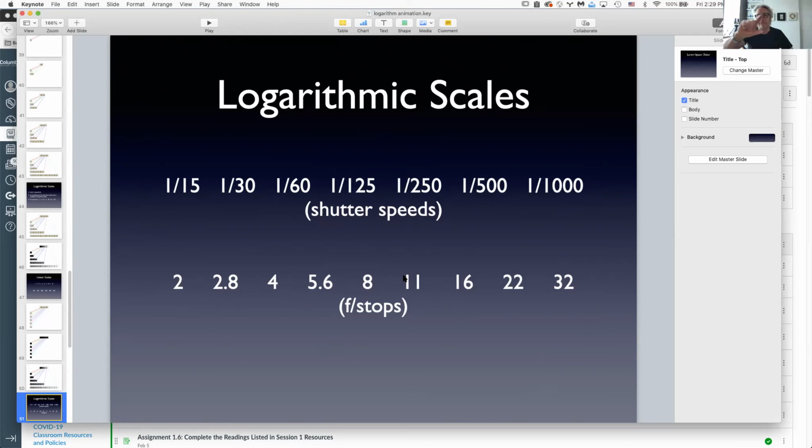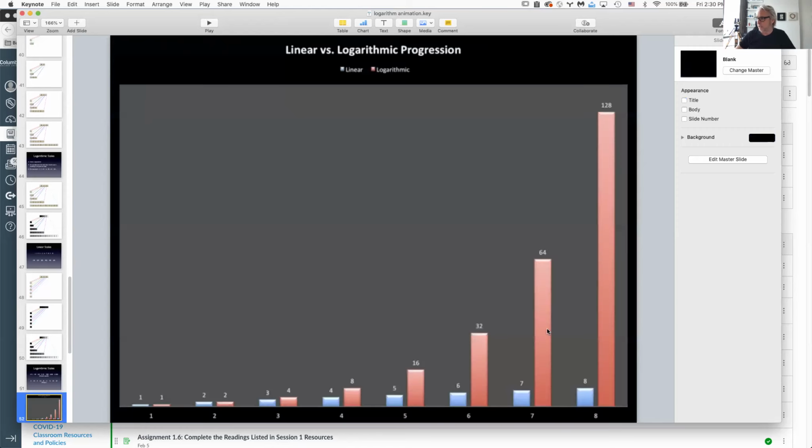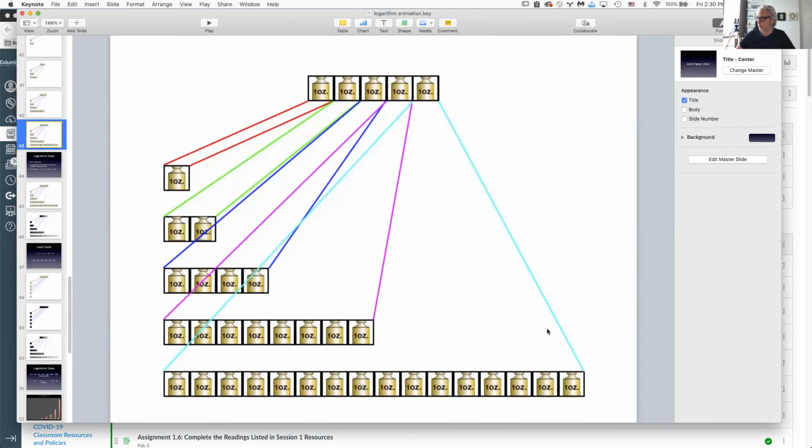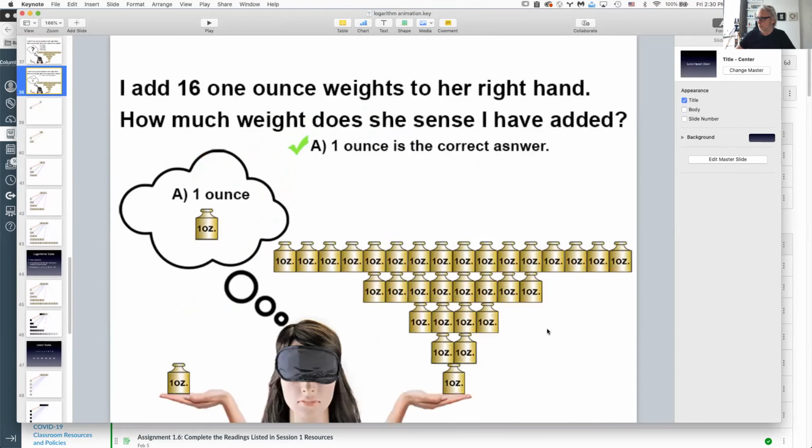However, if you were to shoot these on a single exposure and you looked at them, this would be a perfect step wedge of grays. You would see the same change between 2 and 2.8 as you see between 16 and 22. But the reality is the amount of light here is considerably different, just like it is in our other scale right here. If we go back to this situation right here, same thing, we're doubling the whole time.